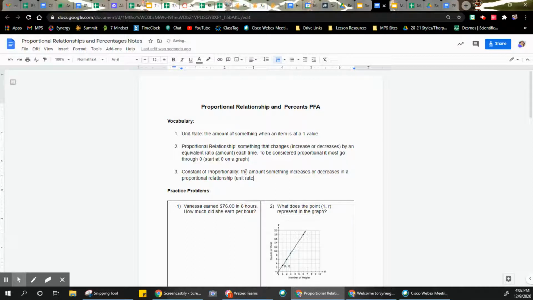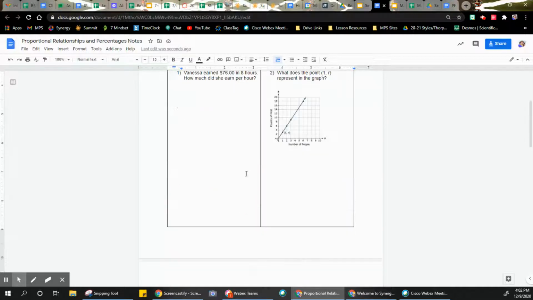It's just what we call the unit rate when we're looking at a proportional relationship. So constant of proportionality and unit rate are the same thing. So let's try some practice problems. We got 8 practice problems today, so let's go ahead and do them.